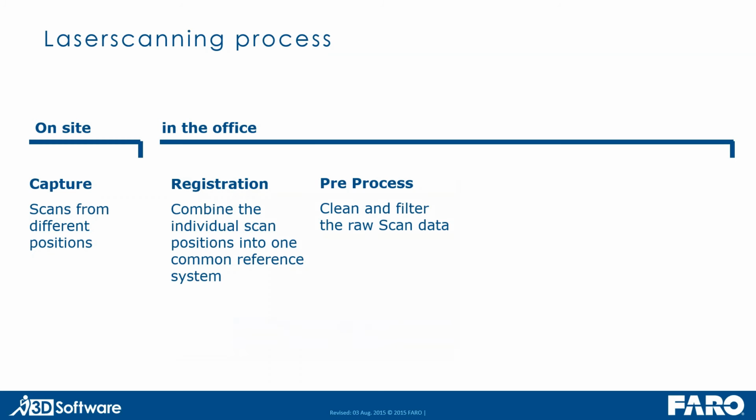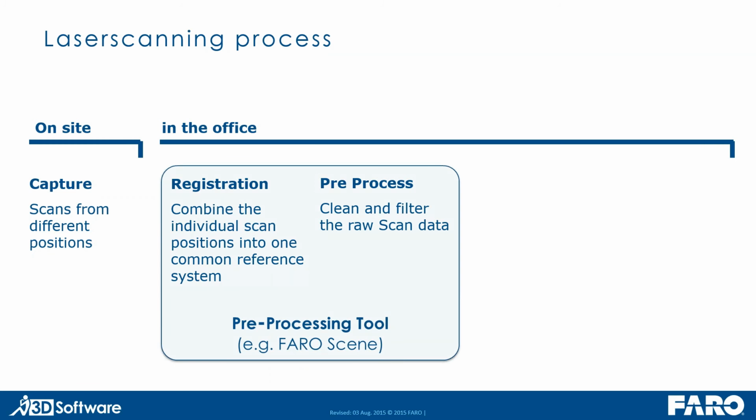Registration and pre-processing is done in pre-processing tools like Scene or Cyclone or Trimble Realworks or whatever. So to work with VirtuSurv you first have to use a pre-processing tool like FARO Scene or Cyclone to do the registration and the data cleaning.